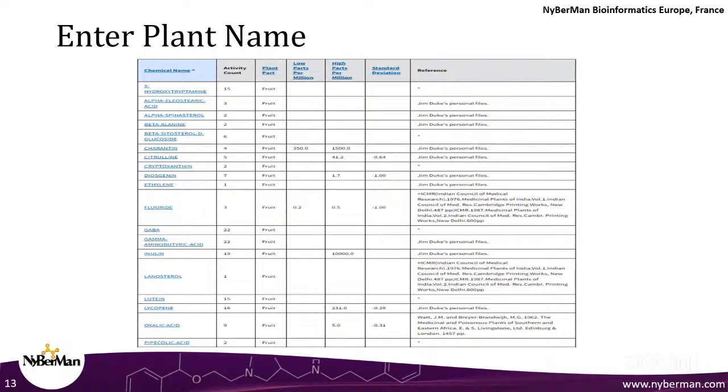And you can see here on the left side, you have the source, and for example, this hydroxytryptamine was reported for 15 activities, and you can see its source of fruit, and here the concentration was not mentioned, and references were not given. For some, references were mentioned. So you can see the compound name, so ethylene or different component names were mentioned.